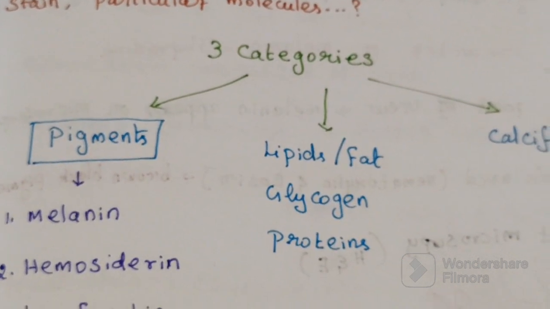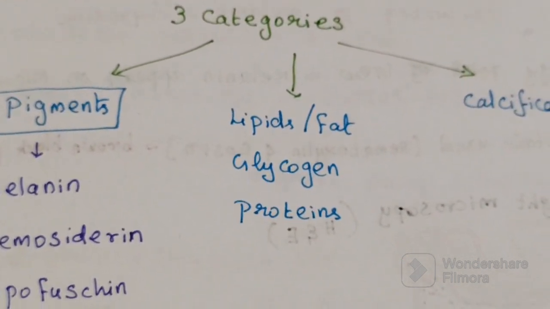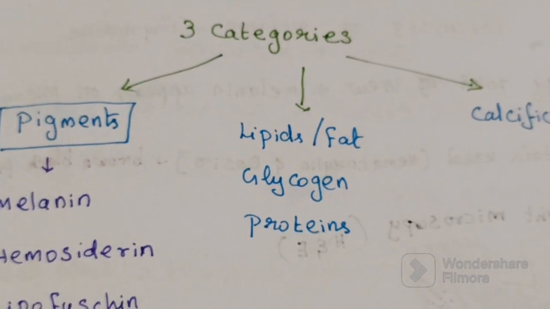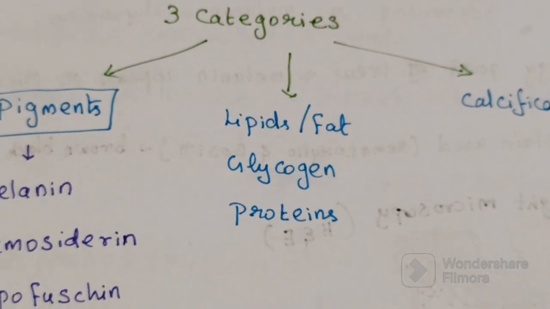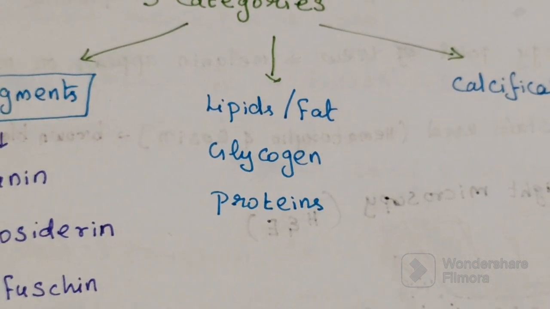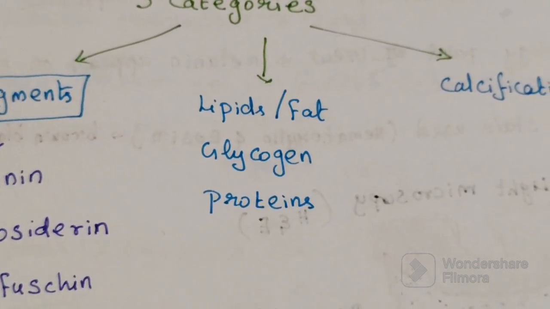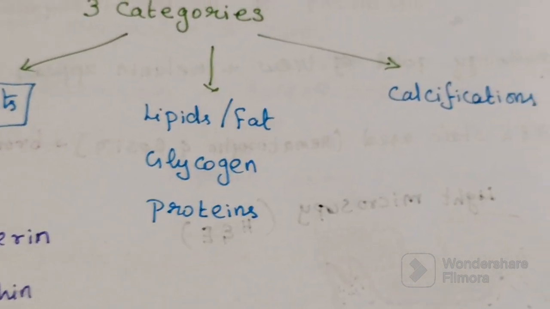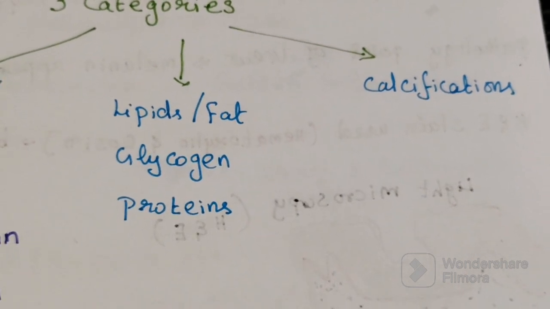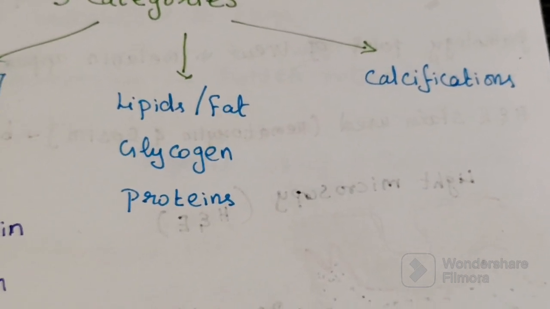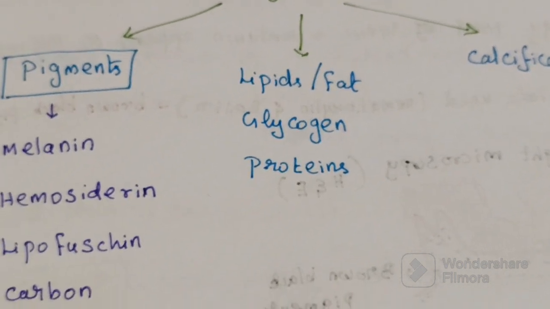Second category, substances like lipids, you can say fat, glycogen and proteins, and the last important one, calcification, calcium within the cell.